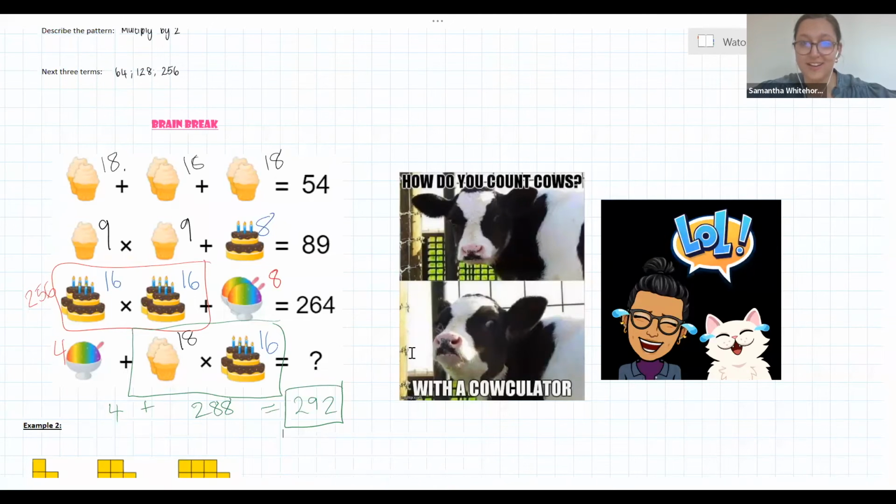And so a good cow joke is just a lot for me. I had a whole bunch of cow jokes, but they're not math related. But I sort of still feel okay about it. Oh, what do you call a sleeping cow? A bulldozer.